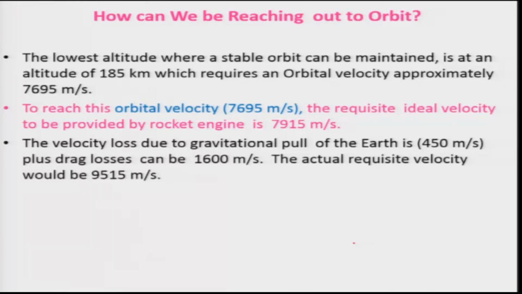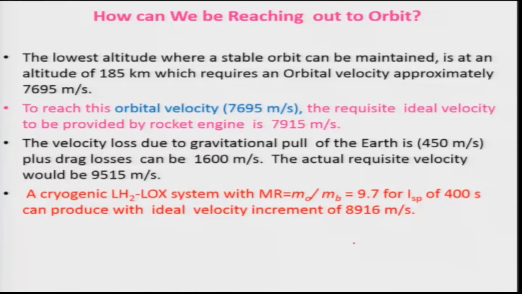And if you use the best engine, which we will discuss a little later, that is the cryogenic liquid hydrogen, liquid oxygen rocket engine with a mass ratio of 9.7, in which one can achieve a specific impulse of 400 seconds, it can produce an ideal incremental velocity of 8916 meter per second.